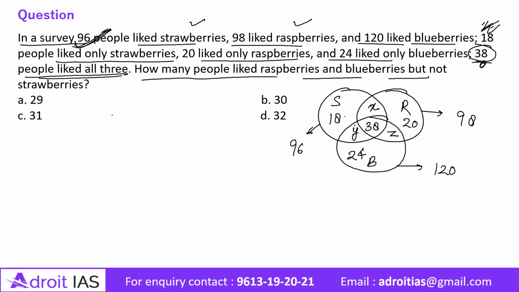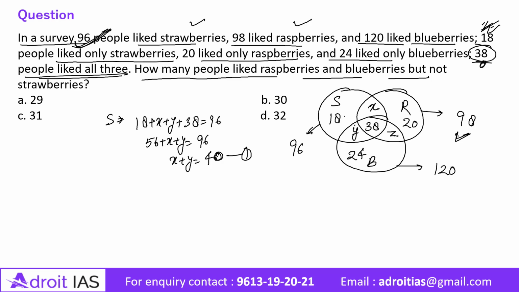So 18 plus X plus Y plus 38 has to be equal to 96. 38 plus 18 is 56. So 56 plus X plus Y is equal to 96. Then X plus Y is equal to 40. Equation number 1.